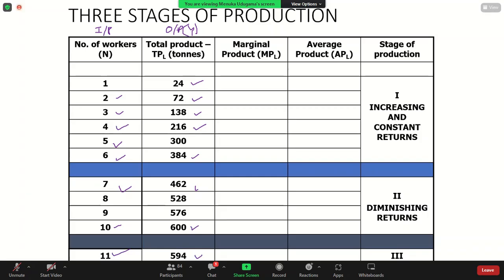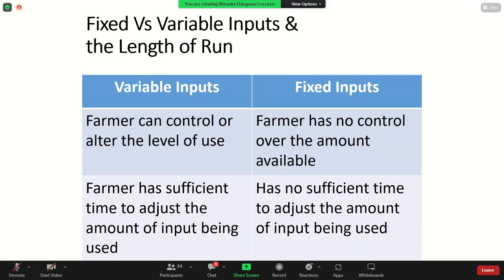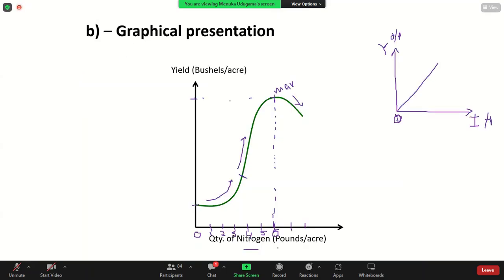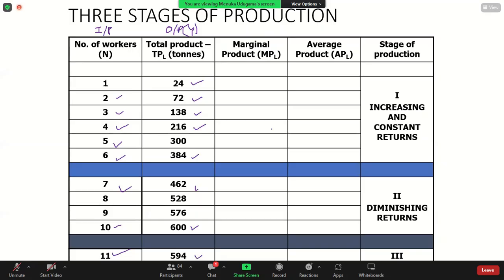So you have more than what you need on the field, let's say, right? That could affect the final output. So if you plot it on a graph, it would look something like this. After the 11th worker is added, the yield starts to decrease. So that's the relationship between this input and output behavior.